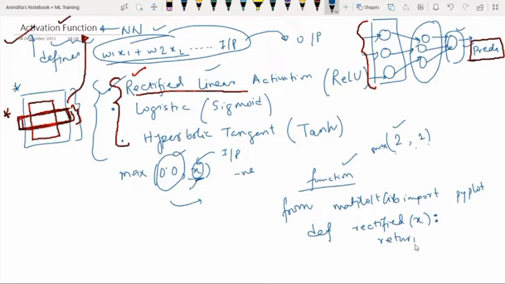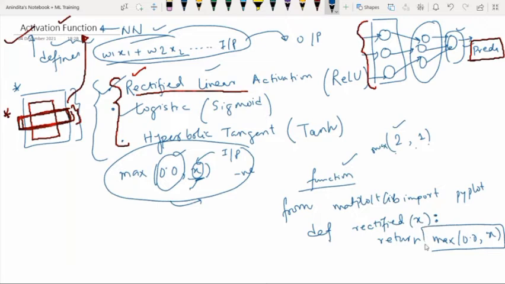Afterwards, you have to write the return keyword, and then you can write the function. For ReLU, it will return the maximum between these two numbers. So whenever you are writing any other activation function, the only thing you have to change is the formula. The rest of the part will be the same.